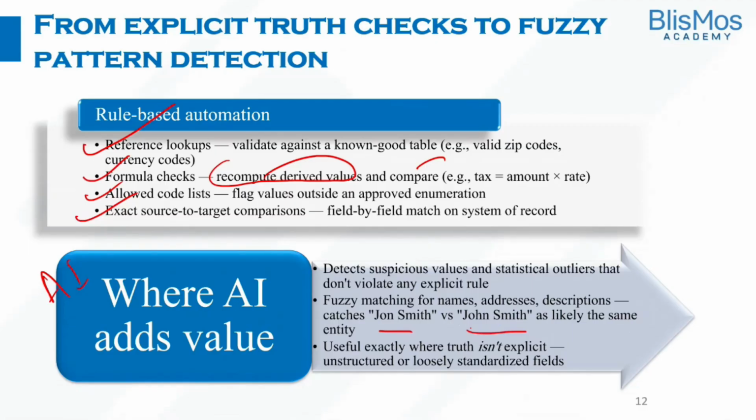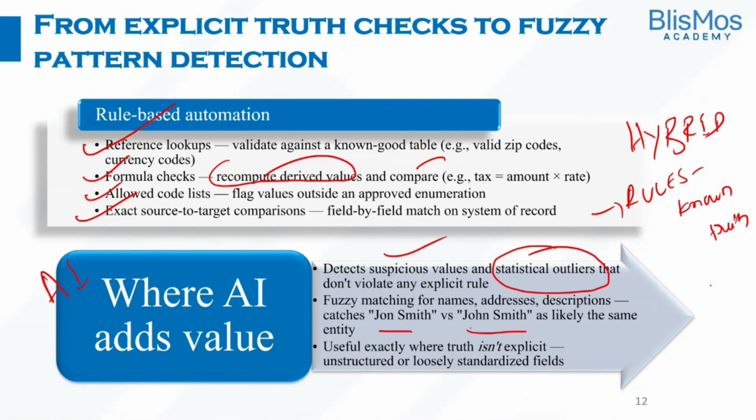That is where AI will be able to help, like detecting suspicious values and any outliers in statistical terms that don't violate any rule. So the hybrid model here is: rules validate known truth, and AI can help in any suspicious or uncertain cases.